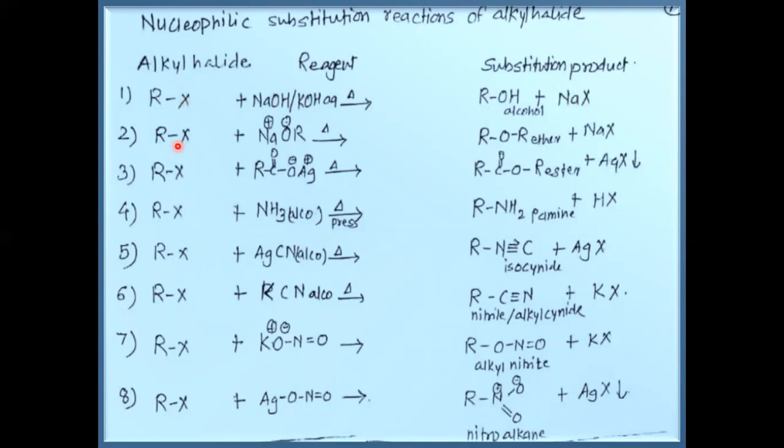RX plus NaOR, sodium alkoxide: the nucleophile is OR minus, so it substitutes X and gives an ether. X is replaced by OR, so ROR plus NaX.